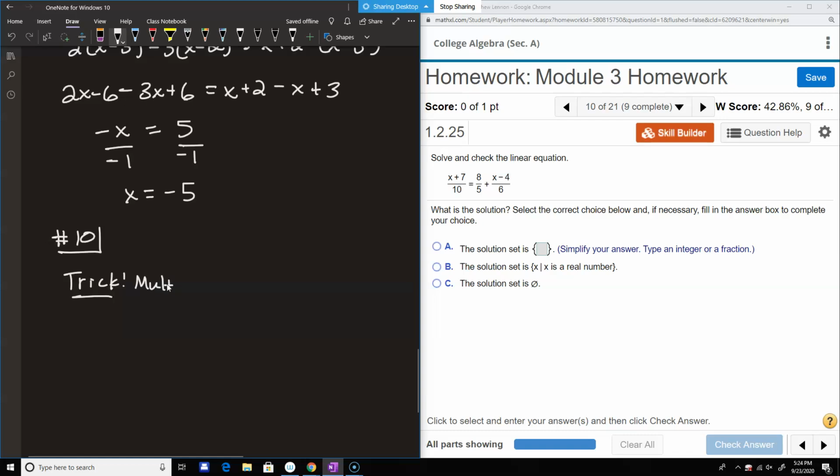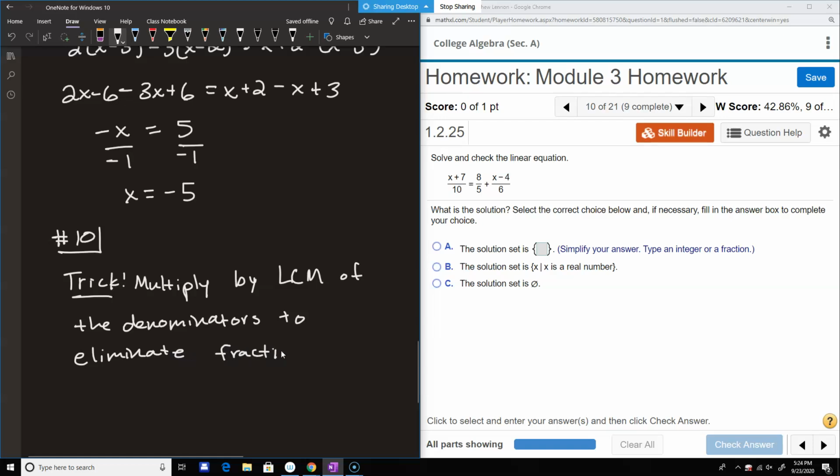Multiply by the least common multiple of the denominators to eliminate fractions. Usually this is more efficient than trying to get common denominators of all the fractions and mess around with those.